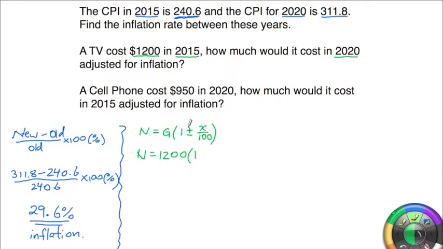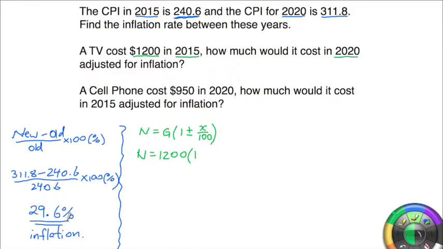As long as it was a percent increase, it stays positive. If it's a percent decrease, your prices are going down as time goes on, but it stays negative even if you're going backwards or forward in time. So be careful of this. These do not change because you're going backwards or forward in time. It only changes for a positive percent increase and a negative percent decrease.